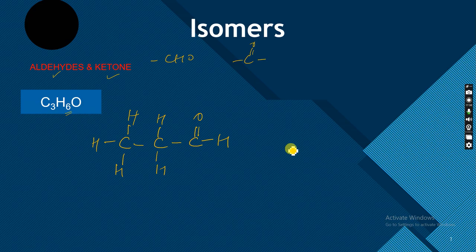Another you make as a ketone. Ketone means the oxygen will be in the middle. Three carbons, 1 2 3, then put the oxygen in between. That's how you write a ketone. Then the rest you put hydrogens. Here also 3 hydrogens. What about the middle one? 1 2 3 4, already 4 bonds are gone, so no hydrogen for this carbon.